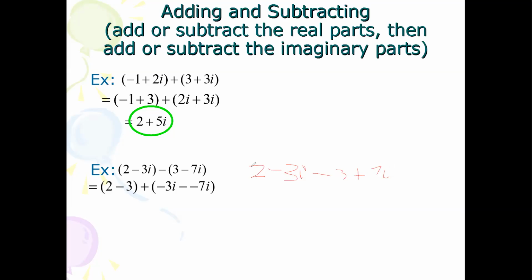And this 2 minus the 3 will give you minus 1. And minus 3 plus 7i will give you 4i. So be careful with those brackets.